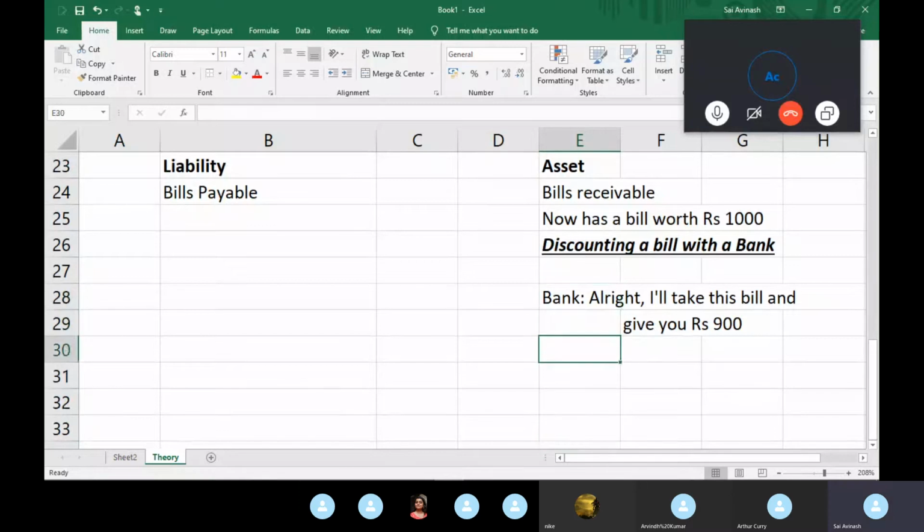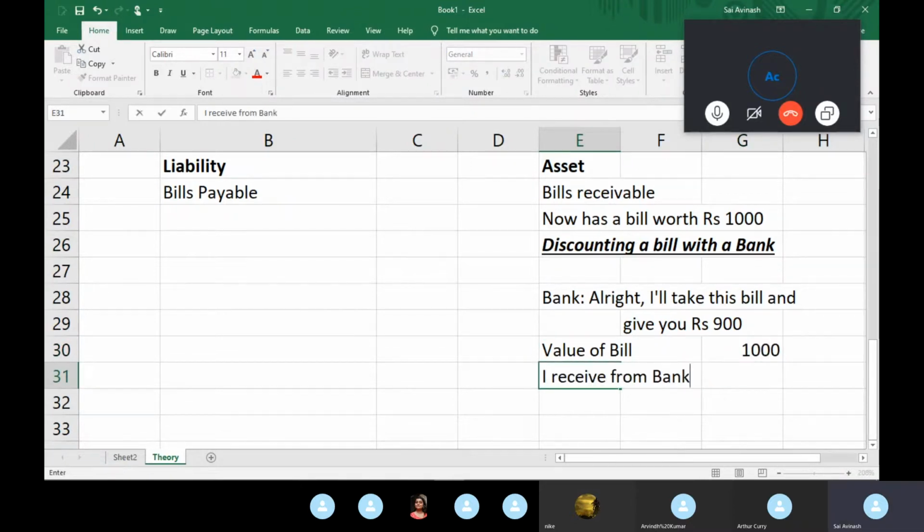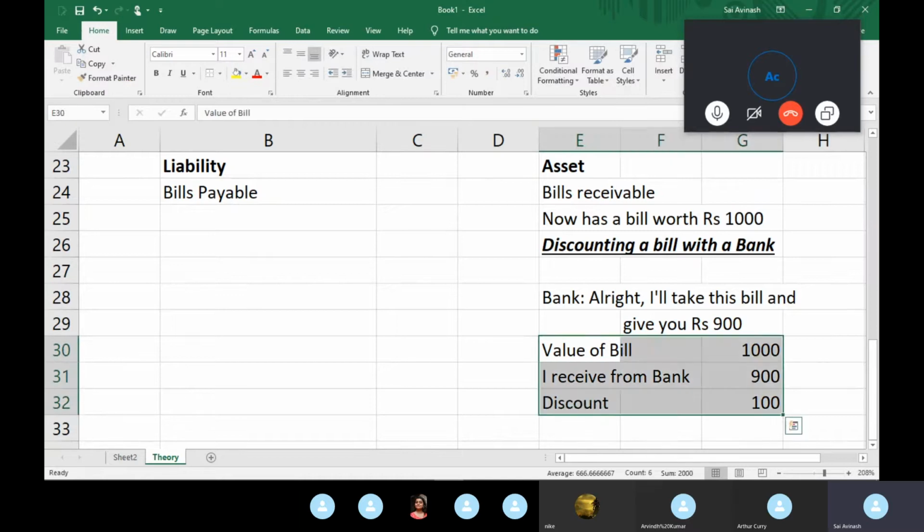But then you will be thinking, I paid rupees 1,000, so the value of the bill is 1,000, and I received from the bank only 900. So what about the 100? That's something I call a discount. So why do we basically ask the bank? We can wait till the 15th of May and get the 1,000 rupees, right?